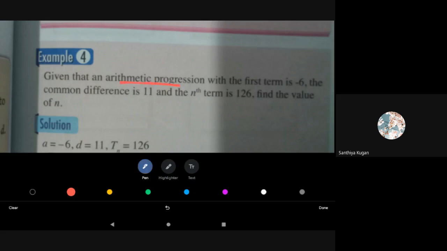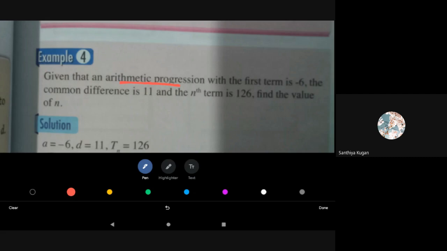Make sure we check what type of progression the question gives. Sometimes the question gives arithmetic progression, sometimes geometric progression. Now we follow the chapter, so everything will be given as an arithmetic progression.